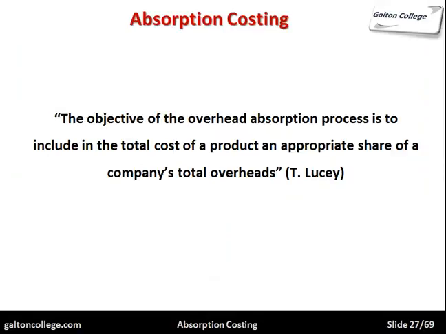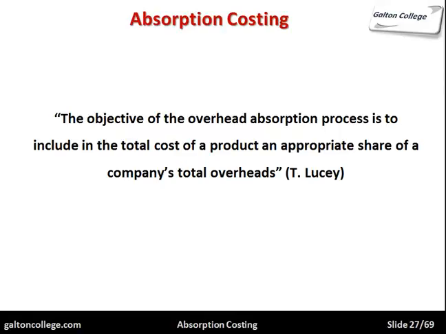According to Lucy, the objective of the overhead absorption process is to include in the total cost of a product an appropriate share of the company's total overheads. So the cost of each department has been worked out by allocating costs which were received, or bills which were received by the company, and these were allocated out to the various departments on some basis.